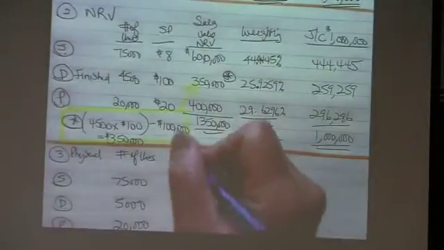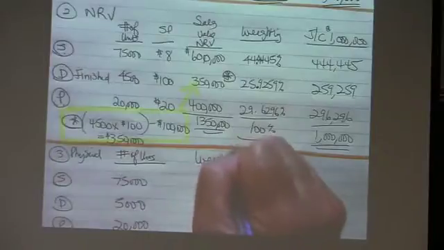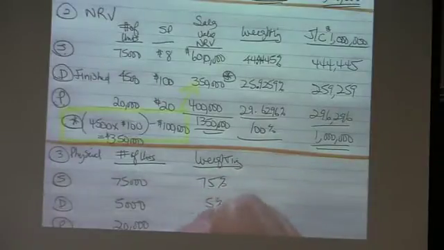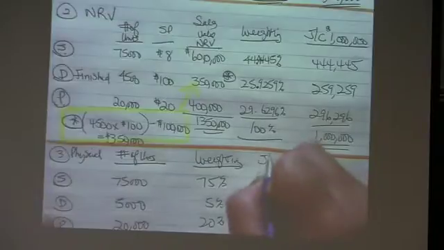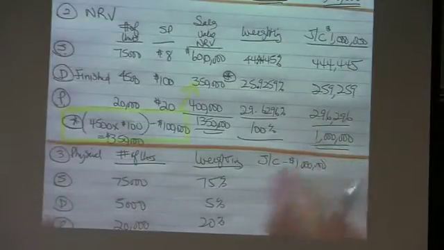And we're going to have the relative weighting. So 75%, 5%, and 20%. And we're going to take the joint cost of $1 million, allocate it.